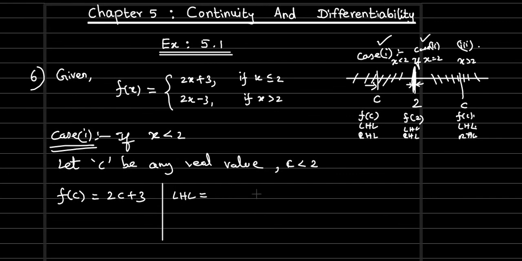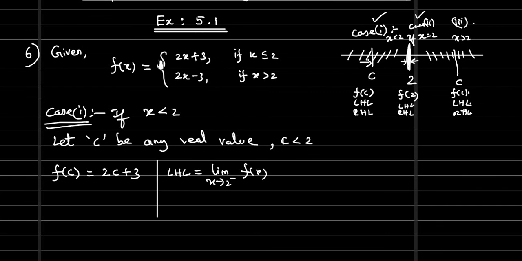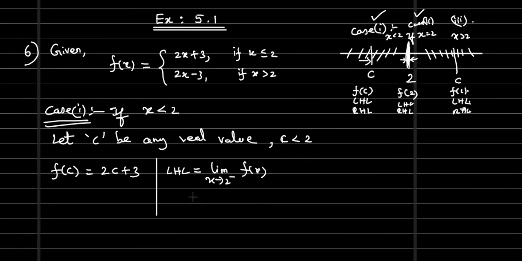Left hand limit. Left hand side close values of c are also obviously less than 2. Then limit x is approaching 2 from the left hand side. Left hand side of 2 is what? Obviously less than 2, which means again the first function. Replacing f of x with the first function, 2x plus 3. And left hand side close values of c are approximately c.